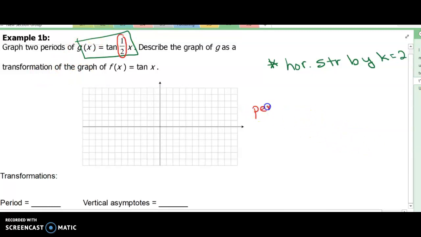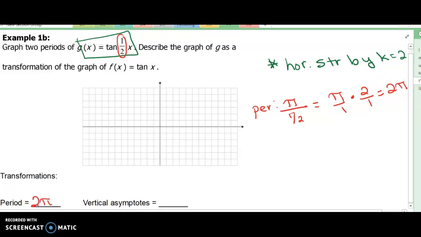So my period can be found by taking pi over 1/2. Now remember, when you divide by a fraction, it's the same as multiplying by the reciprocal. So the reciprocal of 1/2 is 2/1. If you want to make this pi over 1, some people find that easier, that's fine, which is 2 pi. So my period is 2 pi.